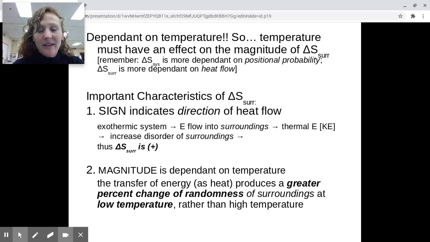And that has to do with the degree of change that occurs. So let's think about it in terms of heat, and then I'll give you an analogy to think about it. If you are at a low temperature and heat transfers into that system, that heat is going to have a bigger effect than if your temperature is already high and that same amount of heat transfers in.